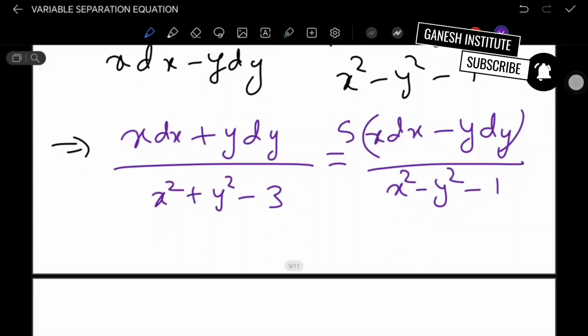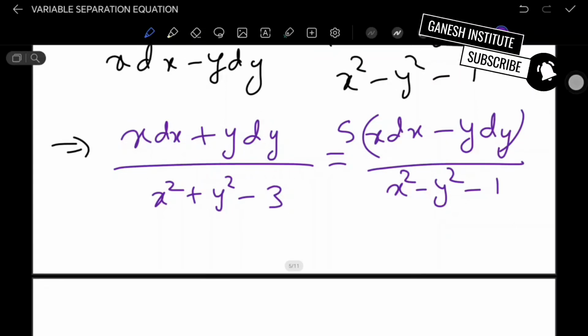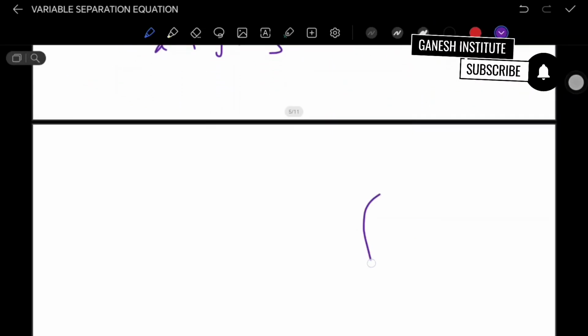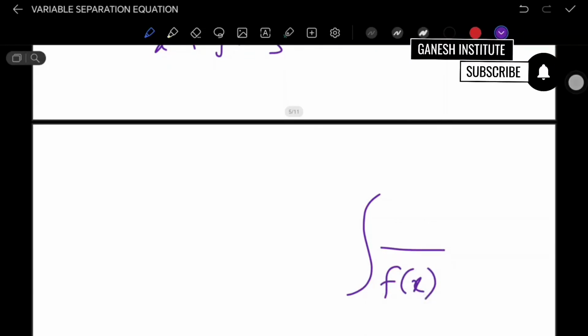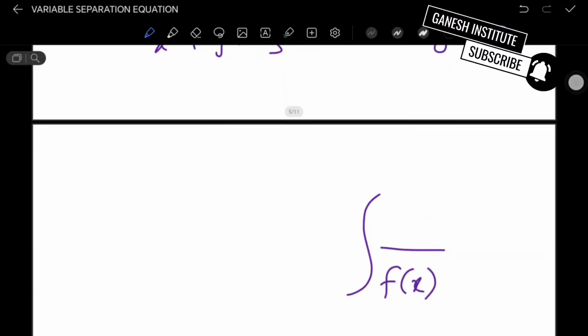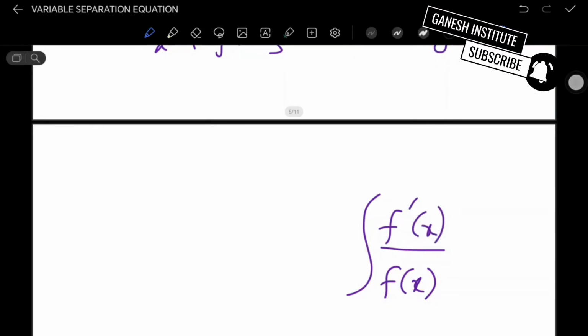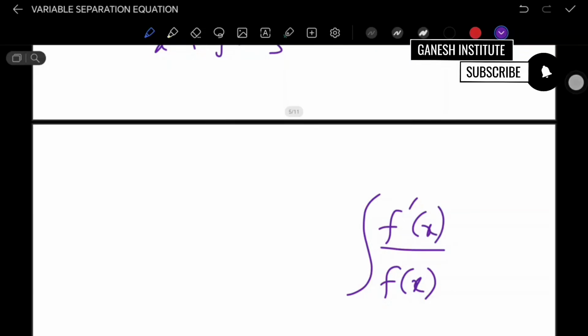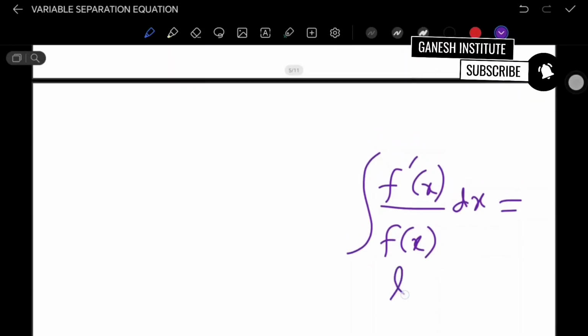Okay, you know why we are doing it? We want to make it in the form of, if you remember, integration. If in the denominator I am given a polynomial, and if I can make its differential part in the numerator, then the answer will be log fx.